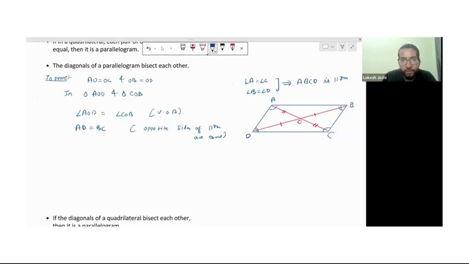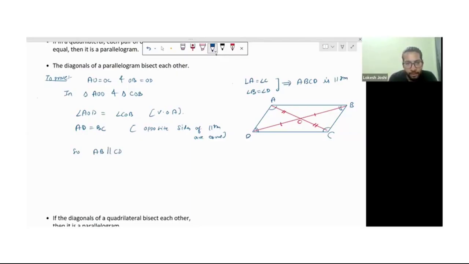So what we have done till now, this side is equal to this side and these angles are equal. Now we know that in a parallelogram opposite sides are parallel, so AB is parallel to CD.